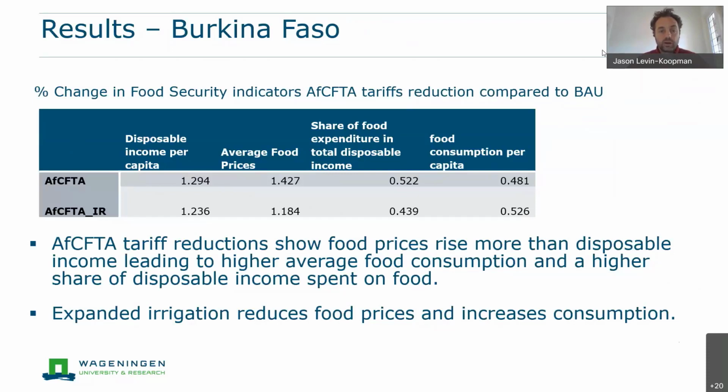We have food prices decreased significantly because of increased domestic production. The share of food expenditure in total disposable income also decreases, although it still increases compared to the baseline. And food consumption per capita increases as well. We also have a slight decrease in disposable income per capita.